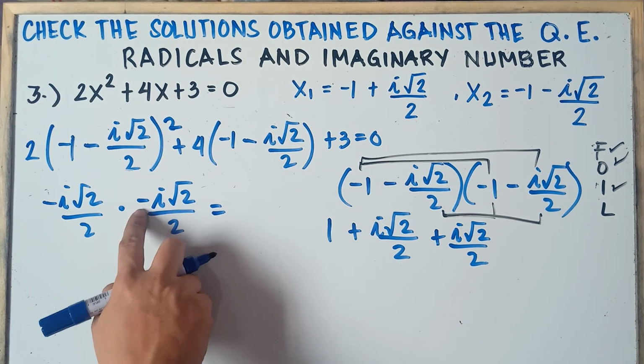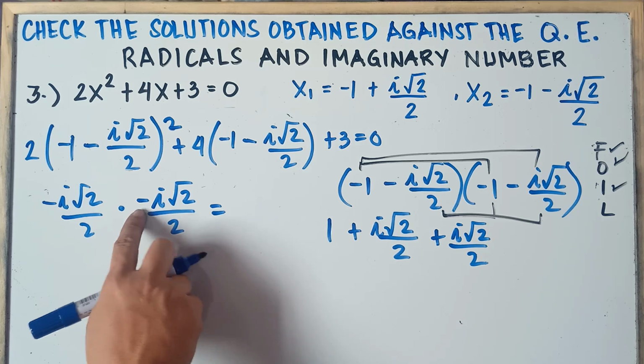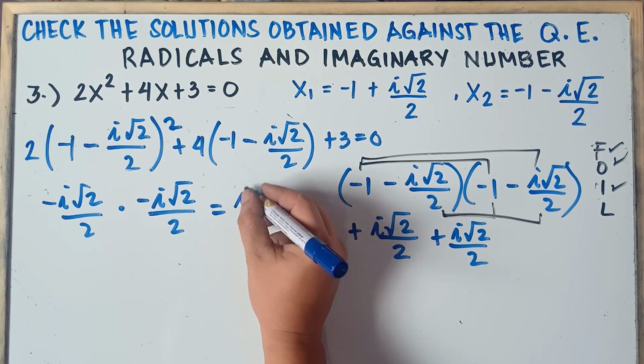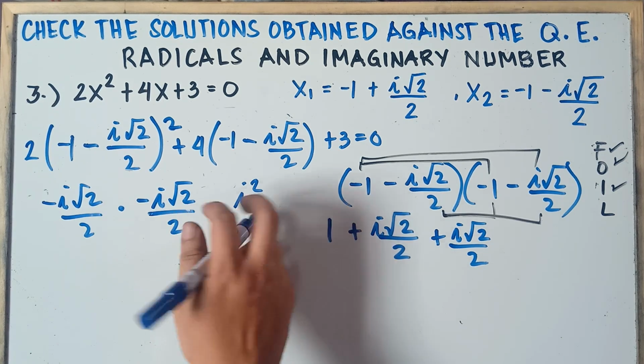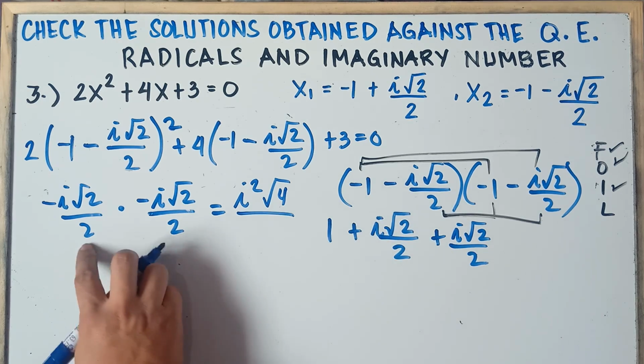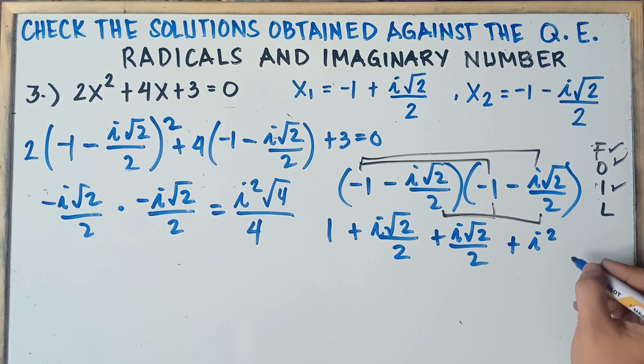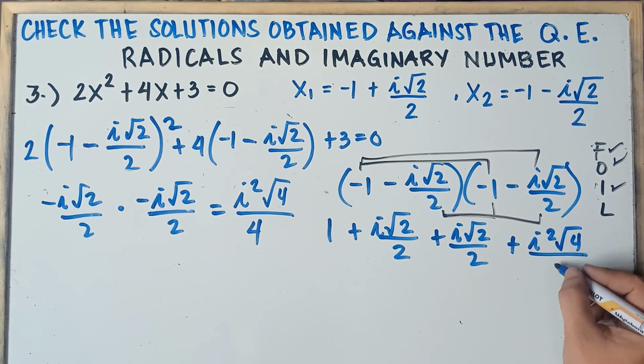So negative times negative, it will be positive. I times I, that's I squared. Square root of 2 times square root of 2, that's square root of 4. 2 times 2 is 4. So this will be positive I squared square root of 4 over 4.